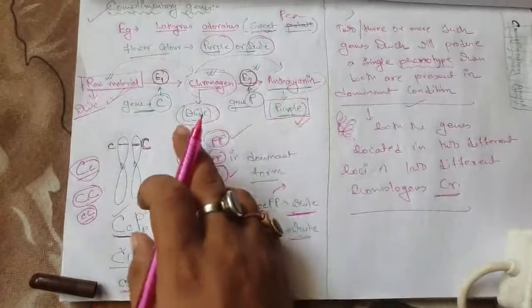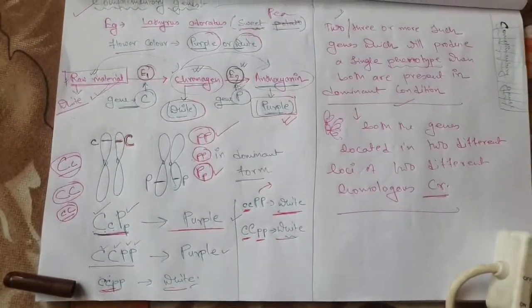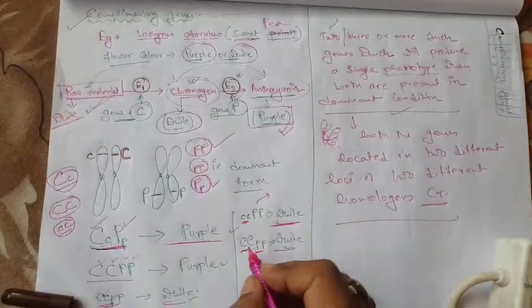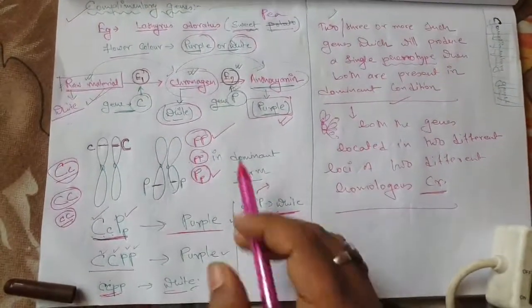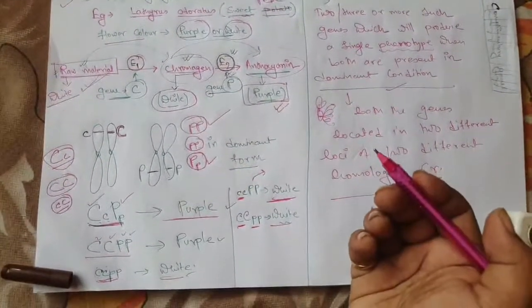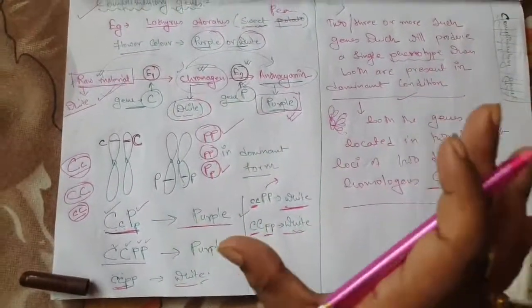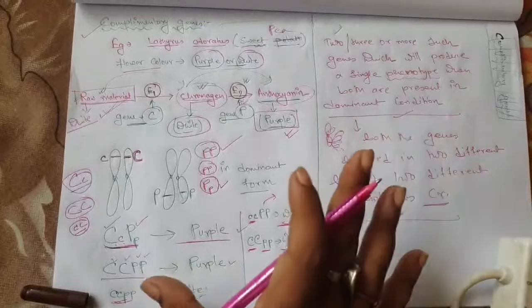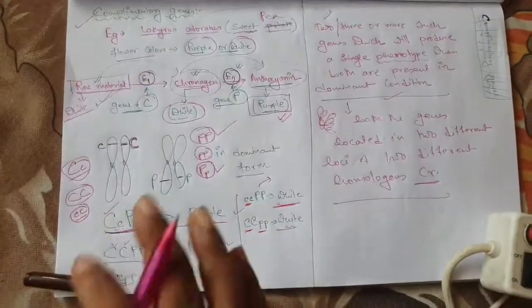In the capital C condition the chromogen will be produced, which will give the flower color white, but then the anthocyanin will not be produced, so purple coloration will not be there. However, there can be other combinations also, we will understand. I hope that you have understood up to this much. If you have, now let us try to understand the complementary genes.